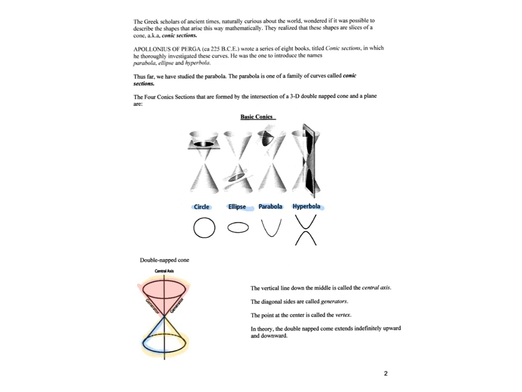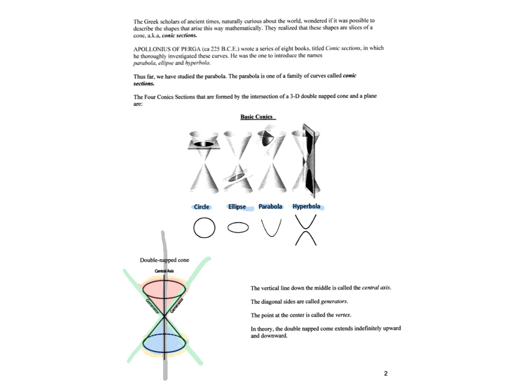There are these two sets of lines called generator lines. Here is one, here is the other. When we rotate those lines about the central axis down the middle, we produce this double napped cone.